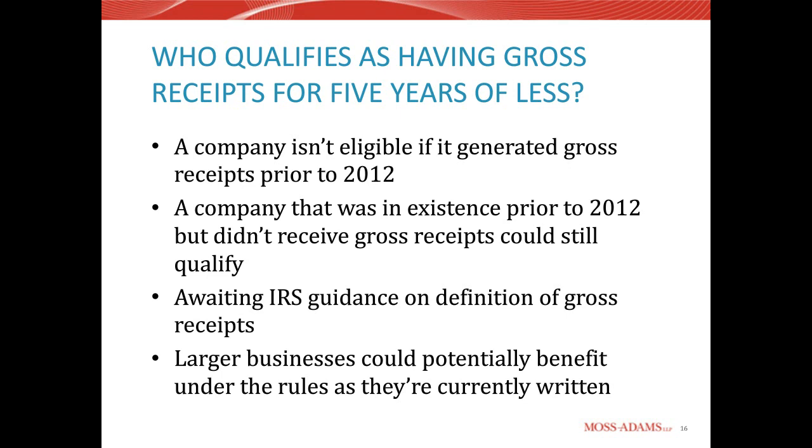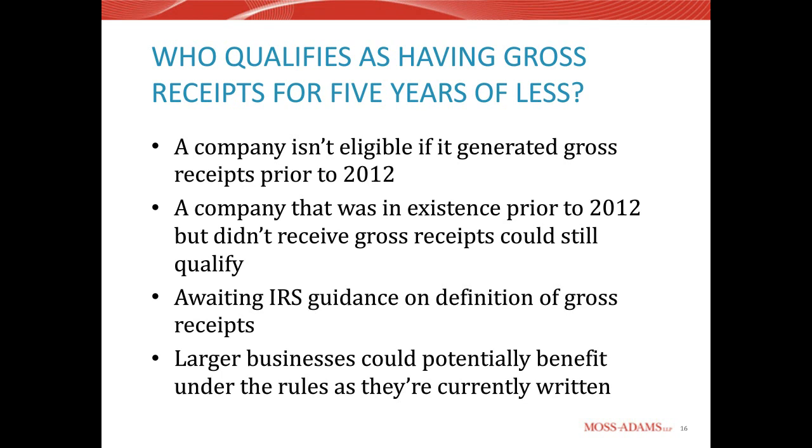We've gotten word from the IRS that there will be no immediate guidance on this topic, but for now, the way the rules read is that if you had even $1 of interest income, dividend income, $1 of gross receipts prior to 2012, then you would not be eligible under the rules as they're currently written. The IRS is open to considering some type of de minimis threshold that would be outlined in further guidance or regulations down the road.